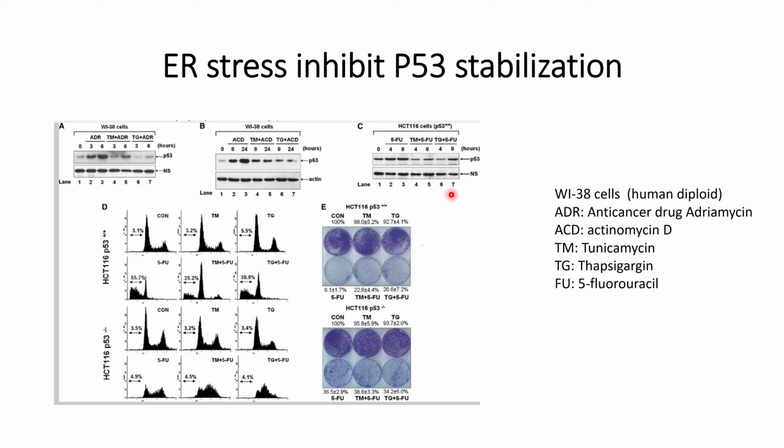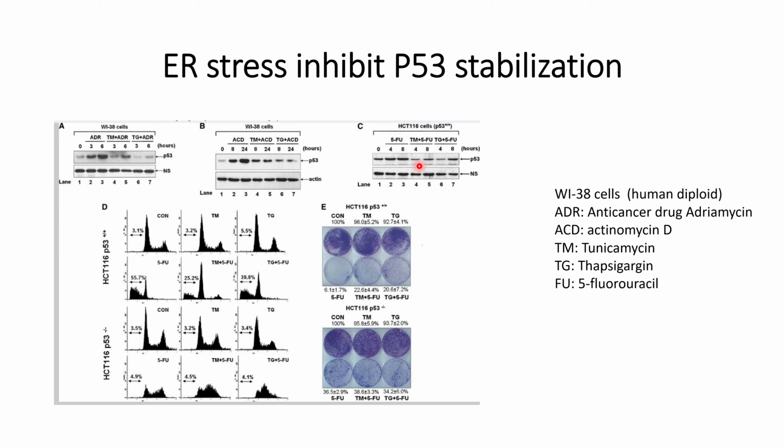Now they have tested this ER stress relation with p53 on a different cell line, the HCT116 cell line, in which p53 is introduced through 5-FU, or 5-fluorouracil. Cells treated with 5-fluorouracil will show p53 expression.